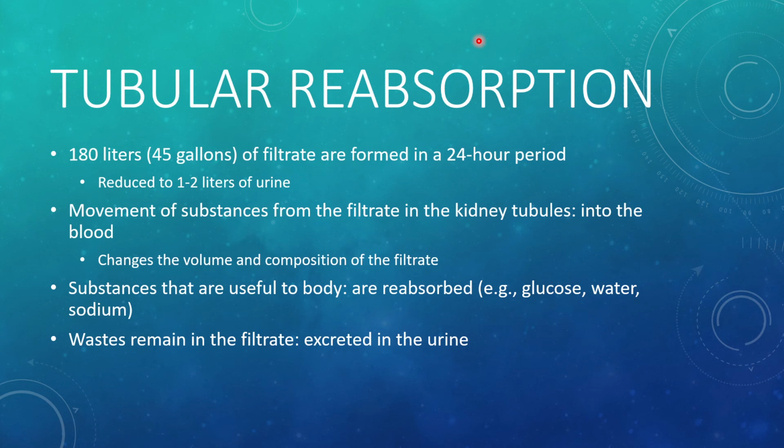A good example of why we would urinate more during tubular reabsorption is if we had an excess of glucose in our bloodstream. Normally glucose moves back into the bloodstream during this tubular reabsorption process, and water follows by osmosis. If we already have an excess of sugar in our bloodstream, the sugar wouldn't move from the filtrate back into the bloodstream, and thereby water would not move back into the bloodstream by osmosis.